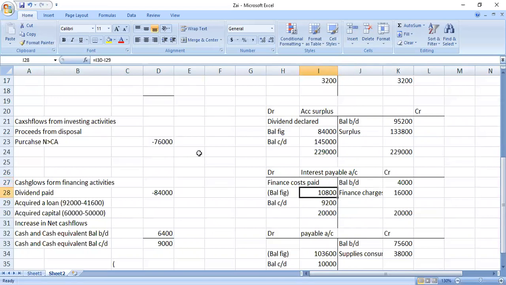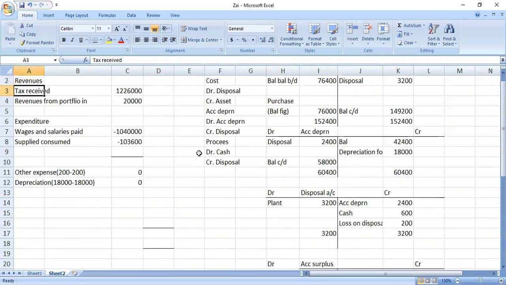So what was actually paid is 10,800. Come in, you say, it's among the last lines, like I already told you, finance cost paid. It's 10,800. Then other expenses, we already looked at it. Surplus there, not interested. So you're done with the income statement.